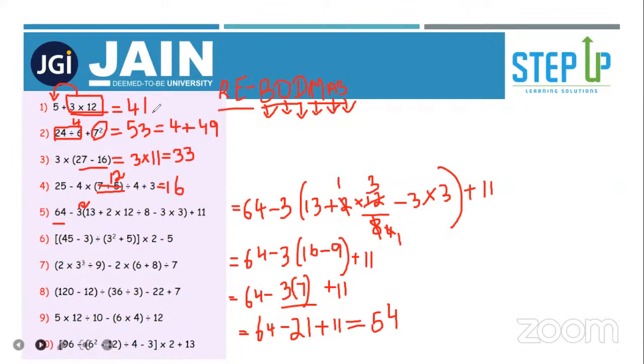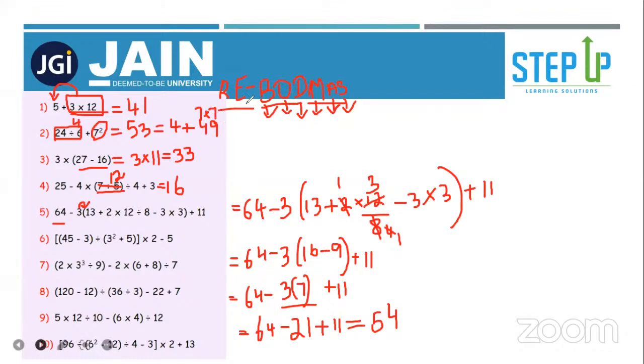No, 49. 7 square is 49. 7 square means 7 times 7, not 7 times 2. That is what is called exponents. If I write something on the top, a square, that means 7 times 7, not 7 times 2. Understood now? Yes, now understood, sir. Thank you. Okay, Axmed.